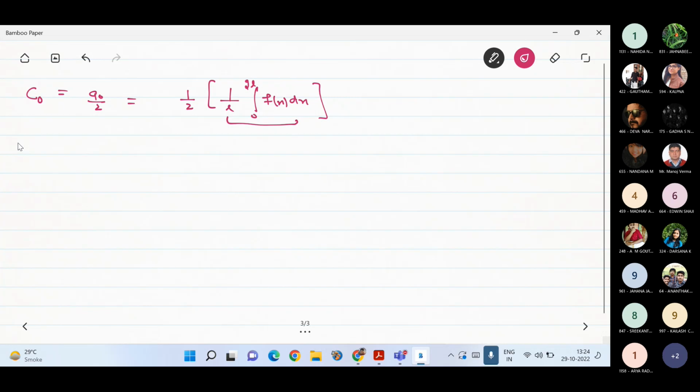Similarly, if I have to calculate Cn, then I know Cn was defined as half of An minus iota Bn.